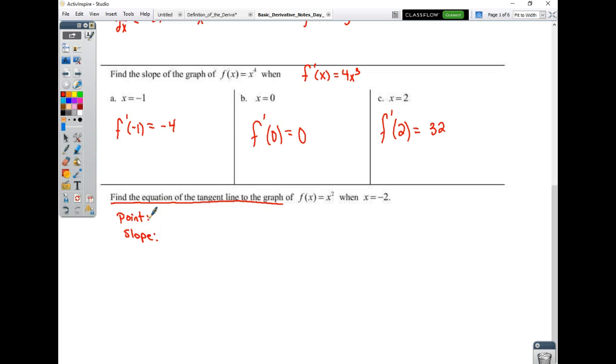How do you find the point? Plug in x into what? Into f of x. So I want f of negative 2. That's what, negative 2 squared? How do you find the point? Or sorry, not the point, the slope.